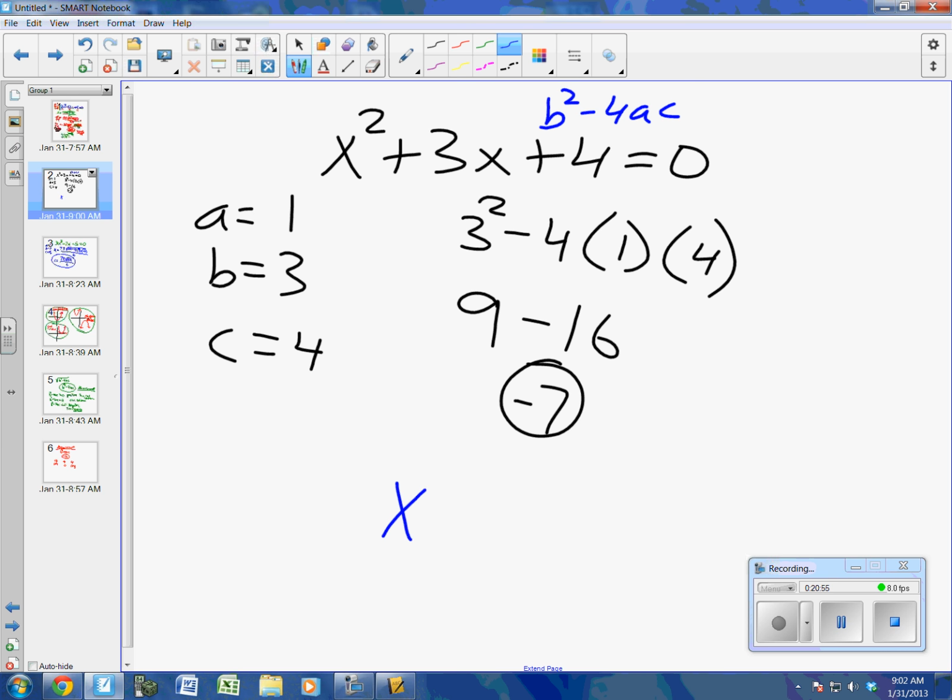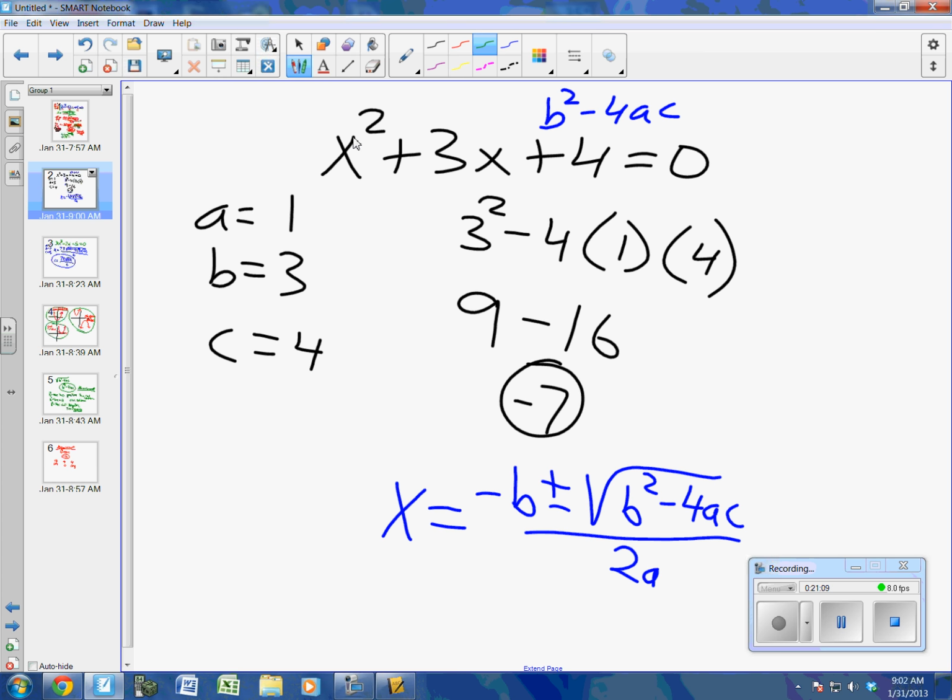X equals negative b plus or minus the square root of b squared minus 4ac all over 2a. b squared minus 4ac is the discriminant right there. It's going to tell you what kinds of solutions you're going to get. Got it?